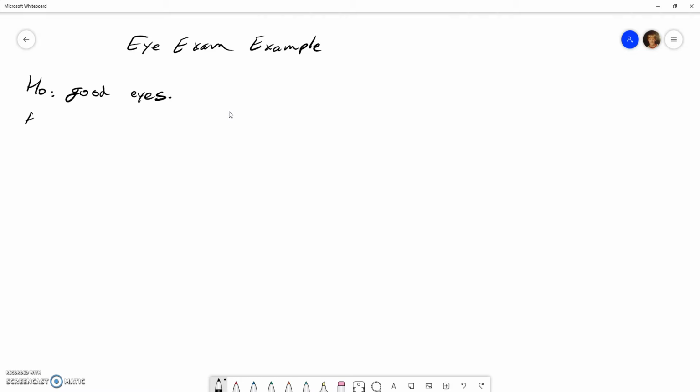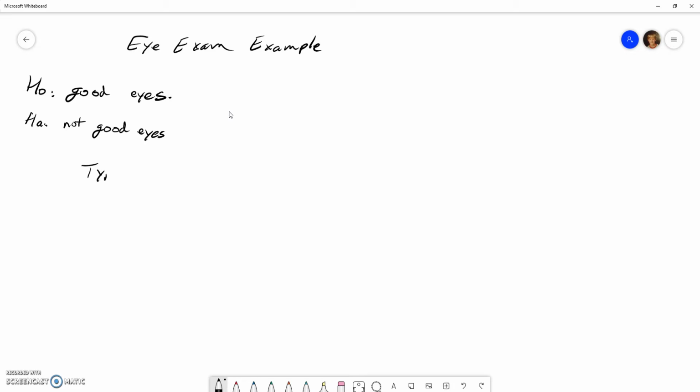The alternate hypothesis, something that the doctor is trying to prove, is you don't have good eyes. So good eyes basically means you're qualified to be a pilot.